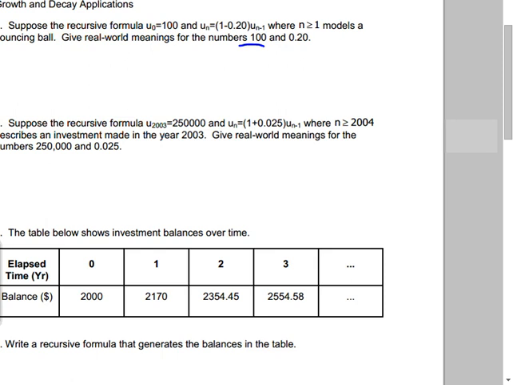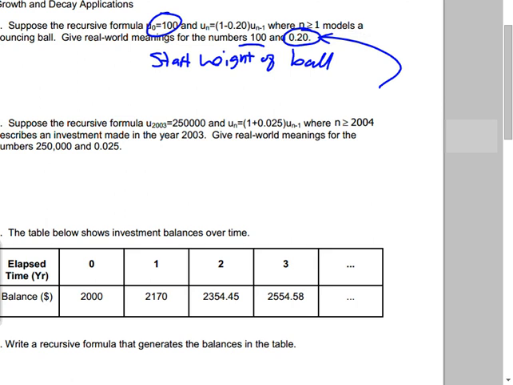If it's talking about the bounce of a ball, it'd be the height of the ball. And it is the first one, right? So you could say the starting height of the ball. How about the 0.2? If we're talking about a bouncing ball, the balls get lower and lower as you bounce them.